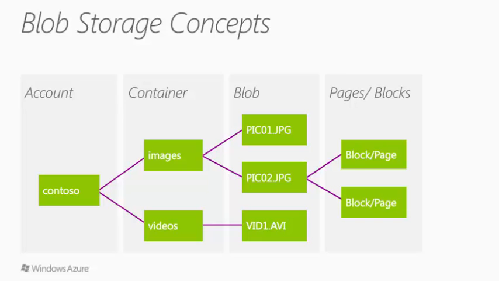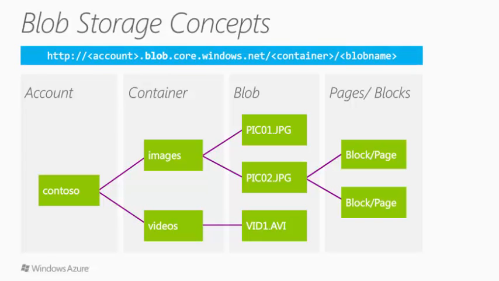So it just depends on your application needs. And the last element in this structure is called pages or blocks. Basically, we have two different types of blobs, page blobs and block blobs, but we will talk about this later during this session. So for now, let's just say that we have a blob, and each blob consists of pages or blocks.